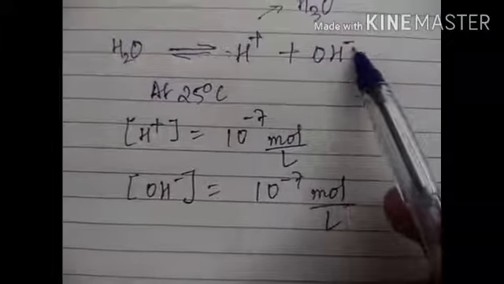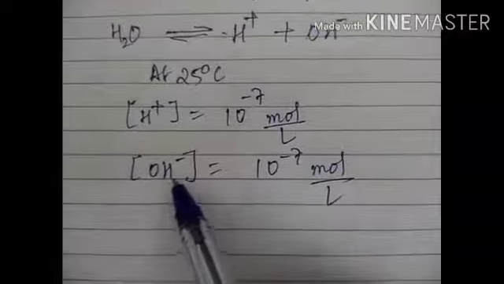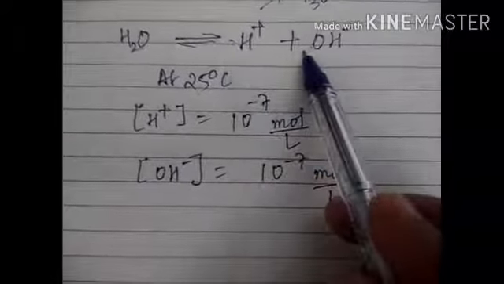If one ion of H plus is produced, then one ion of OH minus will be produced; 2 ions of H plus, then 2 ions of OH minus. So at 25 degrees Celsius, in any sample of water, the H plus ions were this much, and obviously it is the same for the OH minus ions, 10 raised to the power of minus 7.